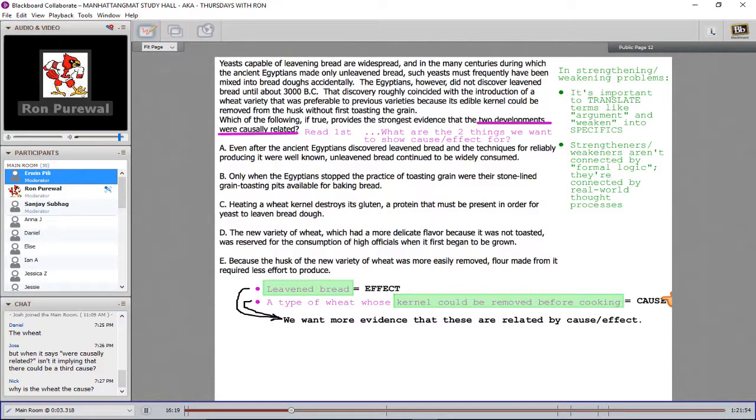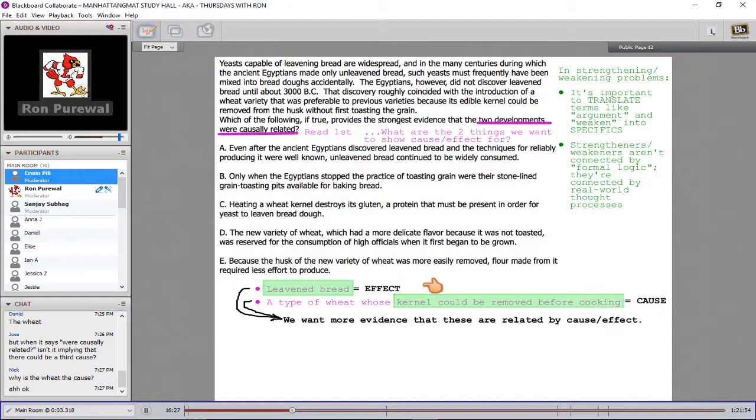That would make no sense. But if there's a new type of wheat, then that could very reasonably cause a new type of bread to be possible. So that's just common sense. If this is going to work in a cause and effect direction, it's going to have to be that direction.